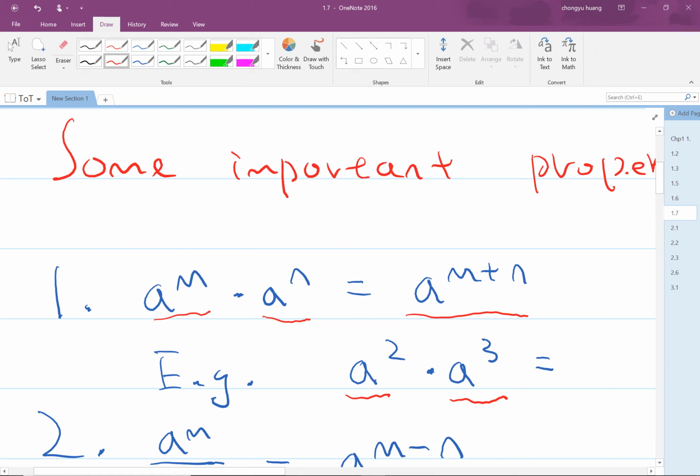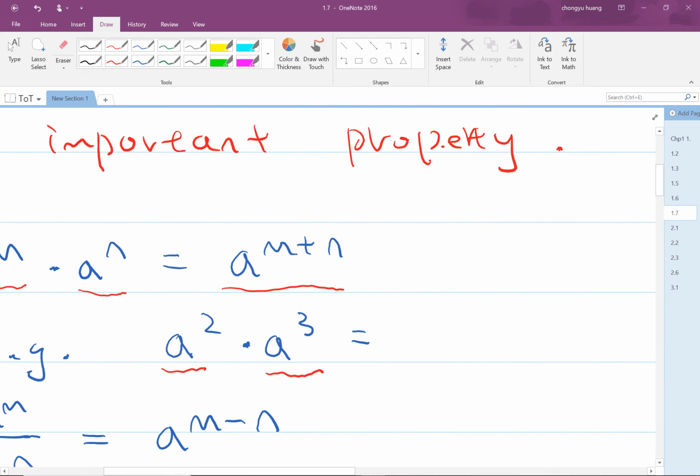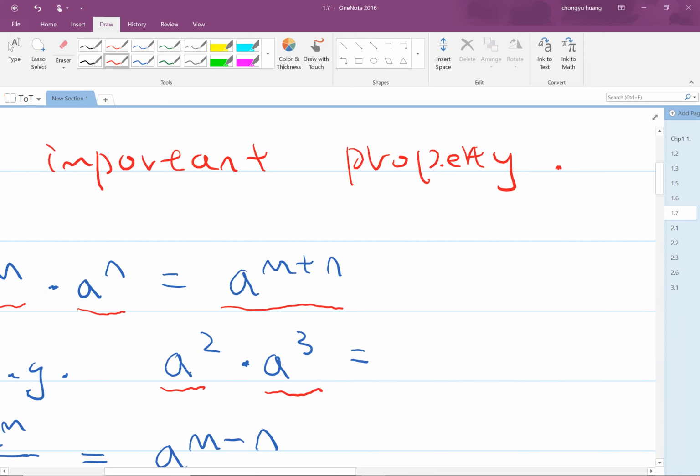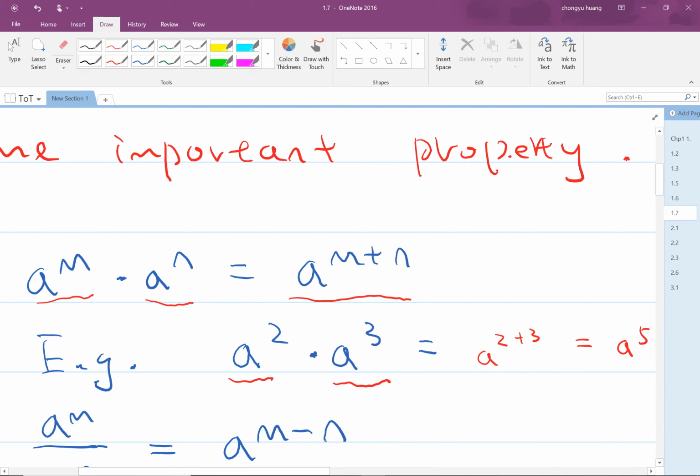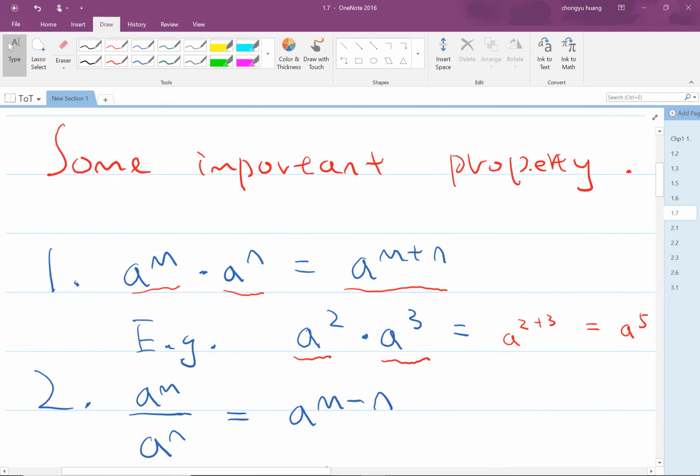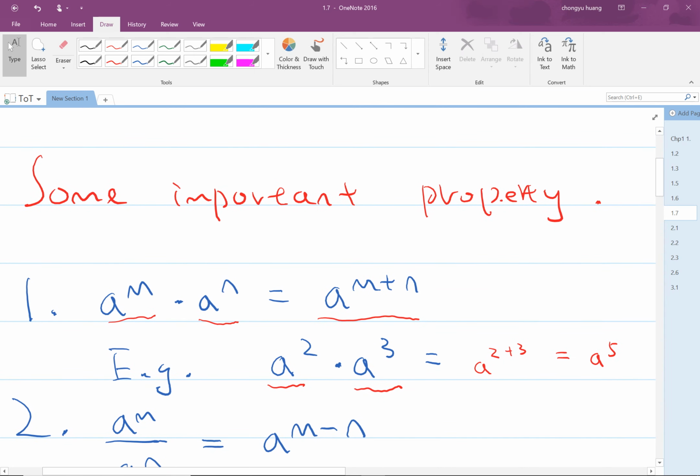The step is a to the power 2 plus 3, so it's equal to a to the power 5. So this is the first property.